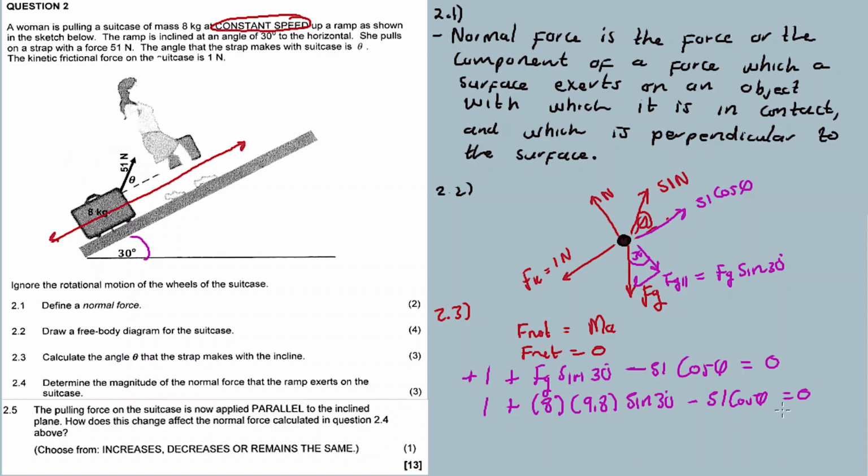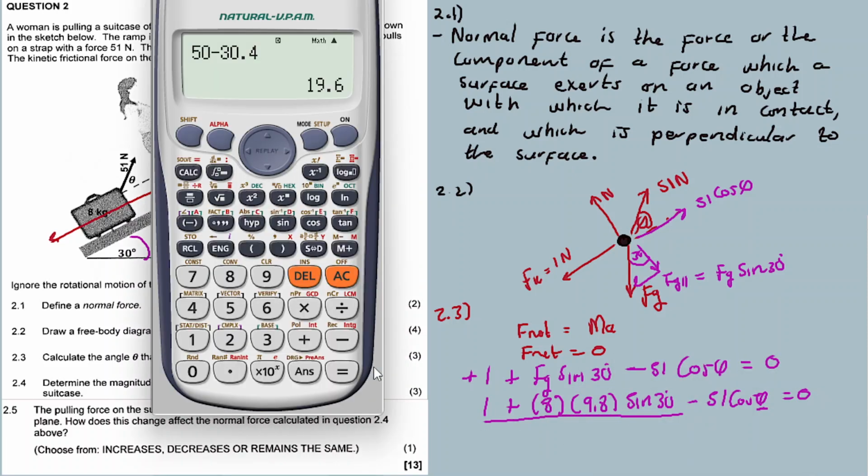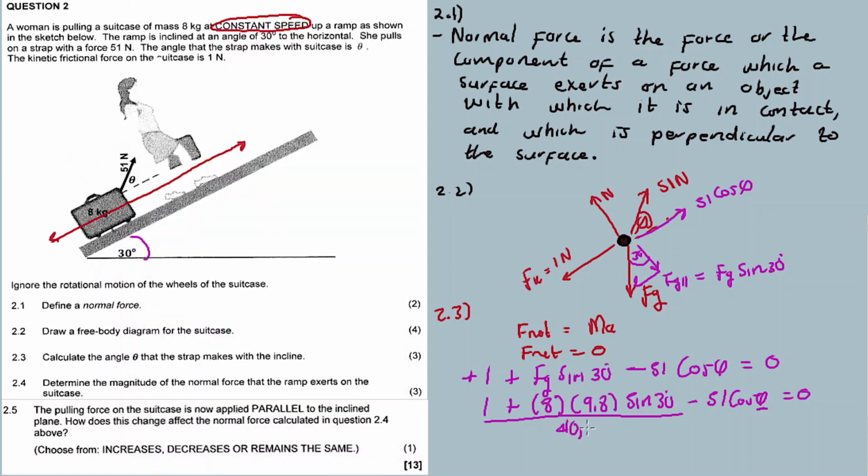In this formula I only have one unknown, which is theta, so let's punch this into the calculator. 8 times 9,8 times sine 30, I get 39. Okay, 39 plus 1 gives about 40,2.